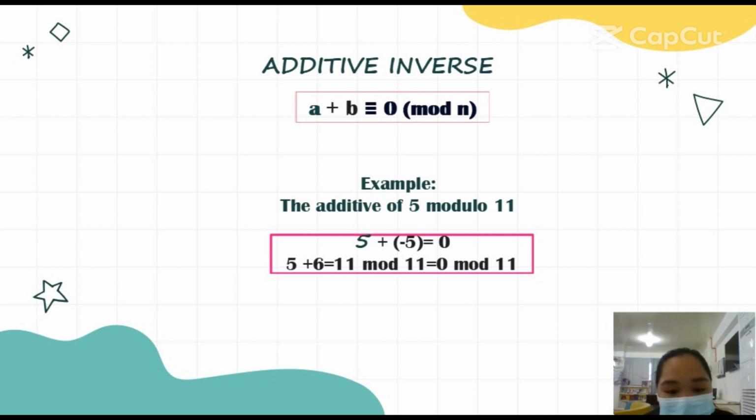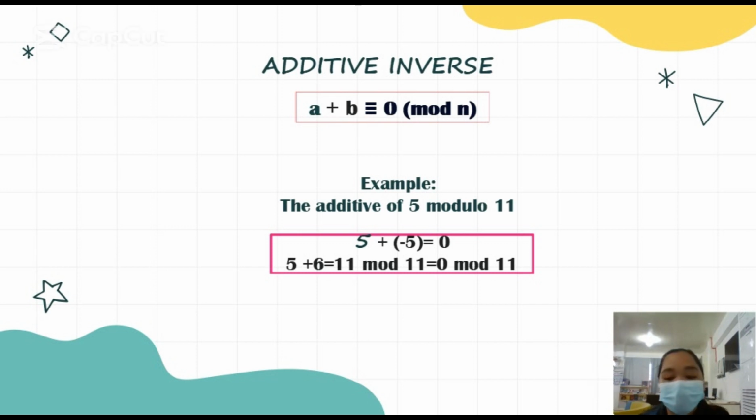In this case, 5 plus 6, our additive inverse is 6, so it equals 11. So 5 plus 6 is equal to 11 mod 11, and equals 0 modulo 11.